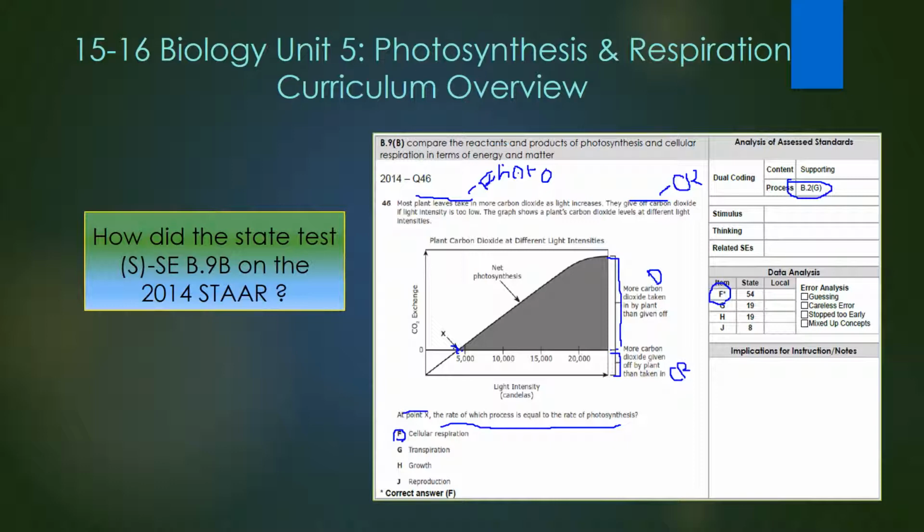It's not asking anything about that, which are distractors that they use to throw the students off. And as you can see, in some ways they were successful. So let's make sure our students are not thrown off and use deductive reasoning based off of what is actually being asked in the question.